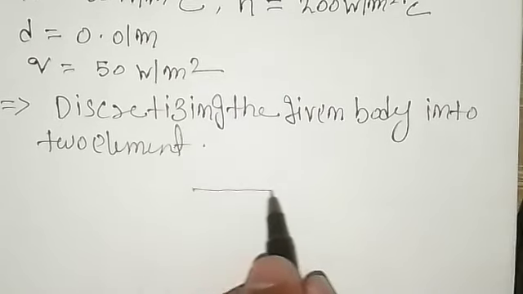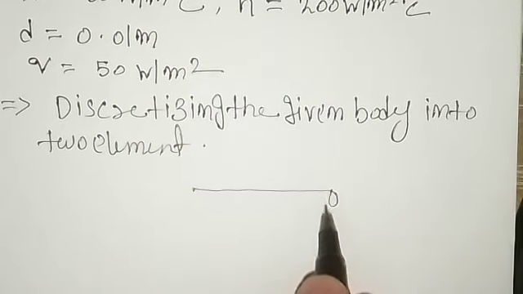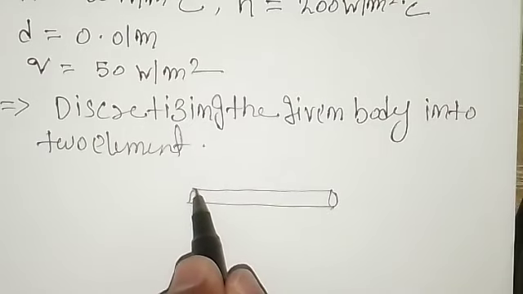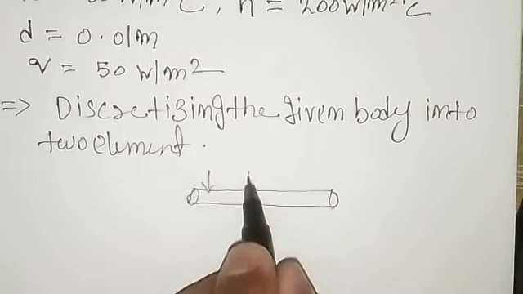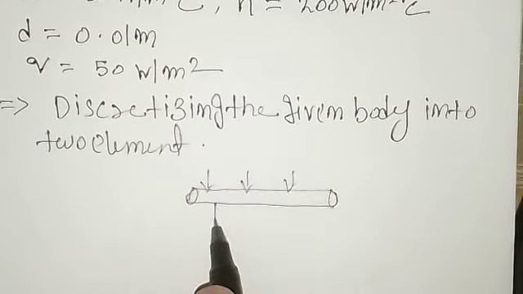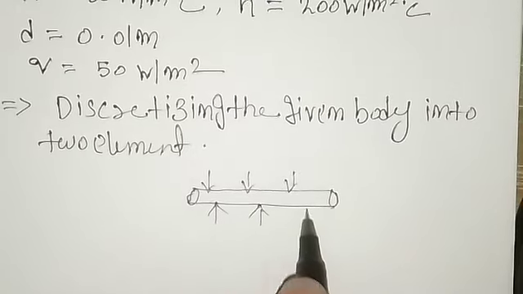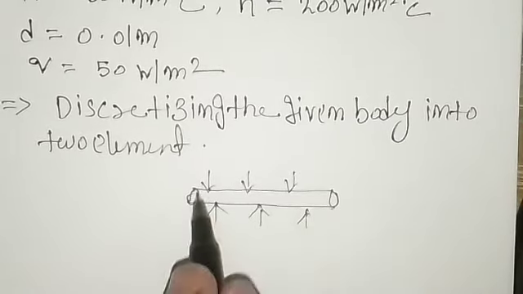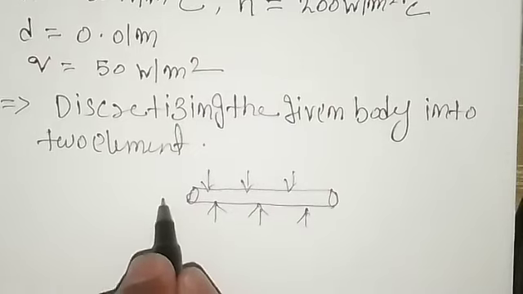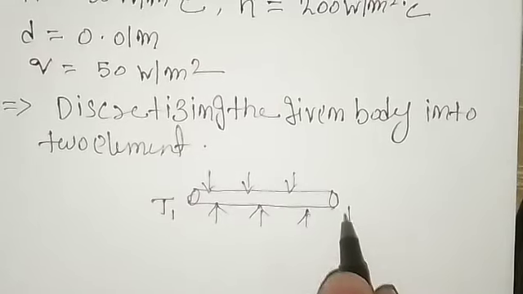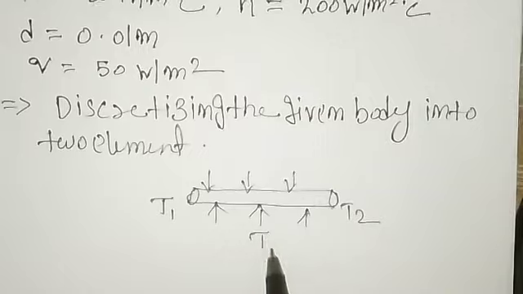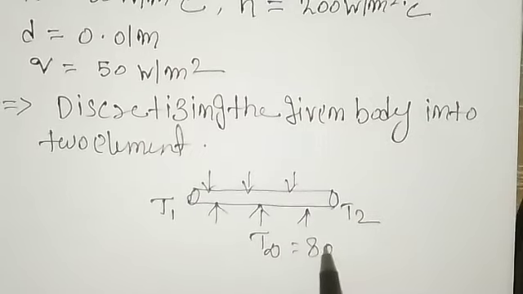So one element is like this, having length 1 meter, right? And these are exposed to the surrounding air. So from all surfaces it is supposed to be convection, right? So here you have T1 and this is T2 and this is the infinite temperature, which is 800 degree.